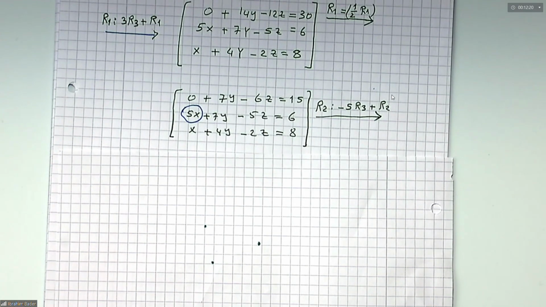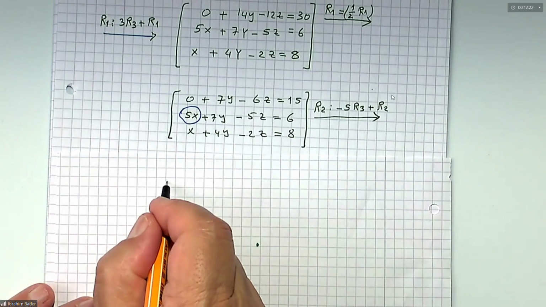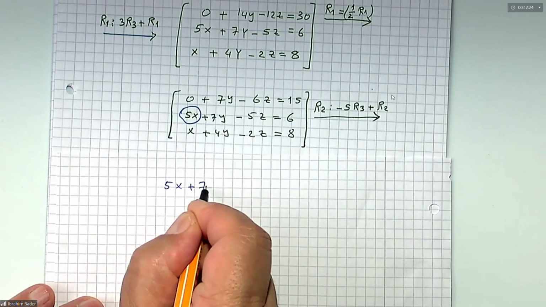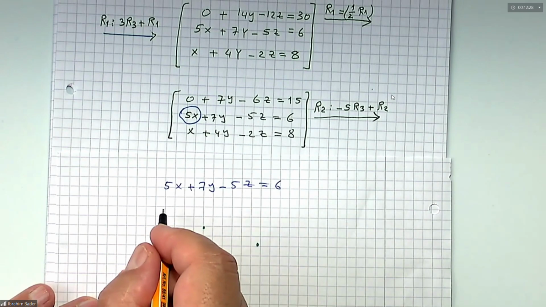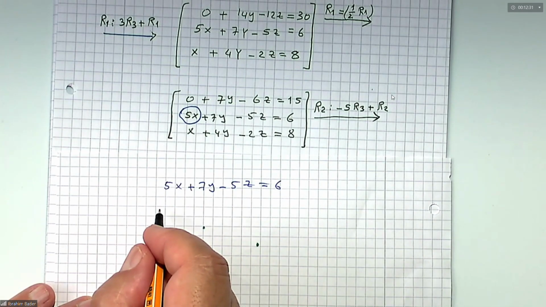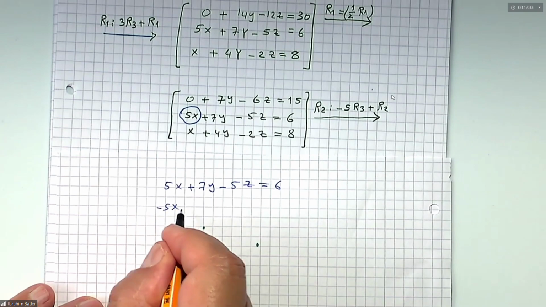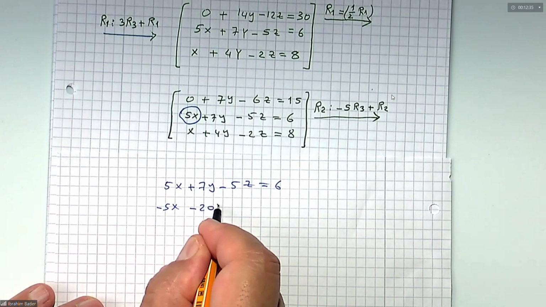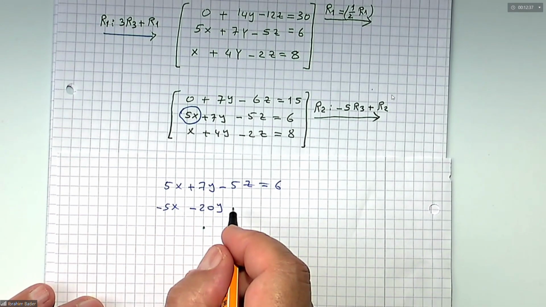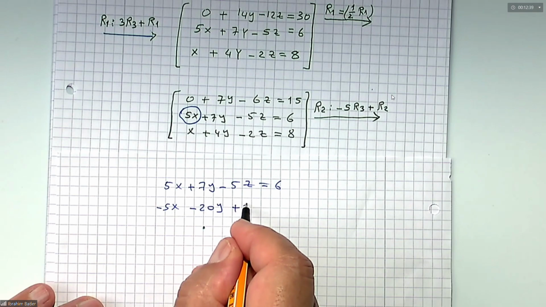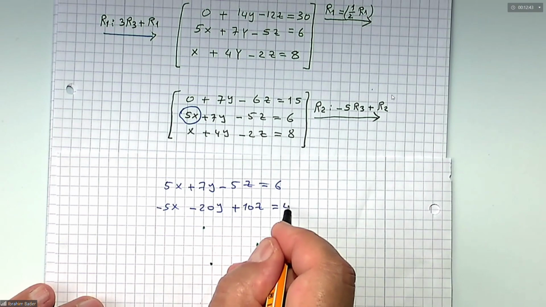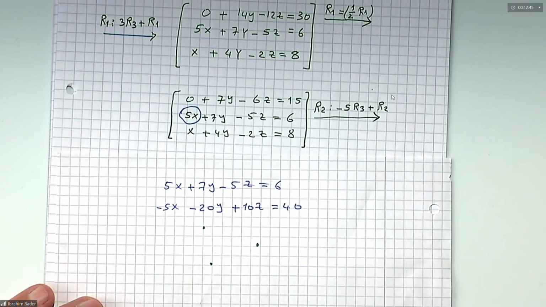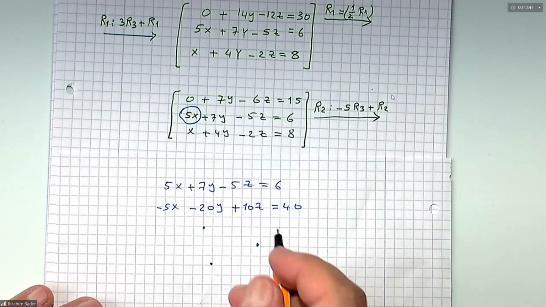So I have the second row is 5x plus 7y minus 5z equals 6. And then here I multiply directly by negative 5. So I have negative 5x, negative 20y, positive 10z, and here I have negative 40.